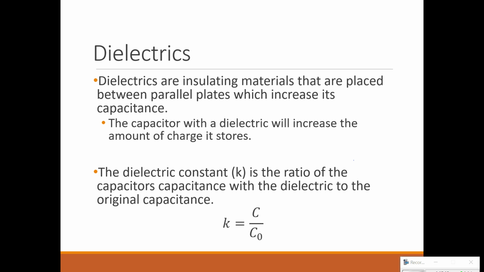So if some capacitor had a capacitance of 5 farads, you put a dielectric between it, and now it has 10 farads, 10 farads being twice as good as 5 farads, so this is an increase in capacitance, right? You have twice as much. Your dielectric constant is 2. If it goes from 5 to 15, your dielectric constant is 3. So the dielectric constant can be used just as a multiplier of how much better it is.